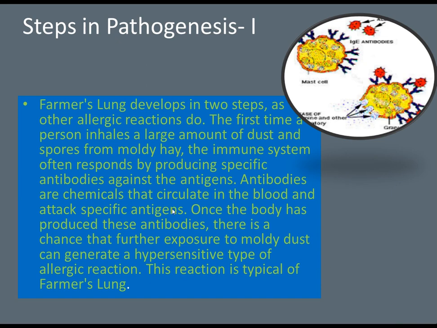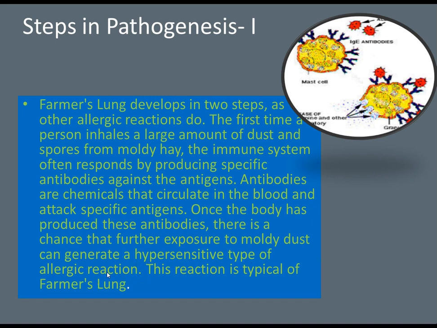Antibodies are chemicals that circulate in the blood and attack specific antigens. Once the body has produced these antibodies, there is a chance that further exposure to moldy dust can generate a hypersensitive type of allergic reaction.